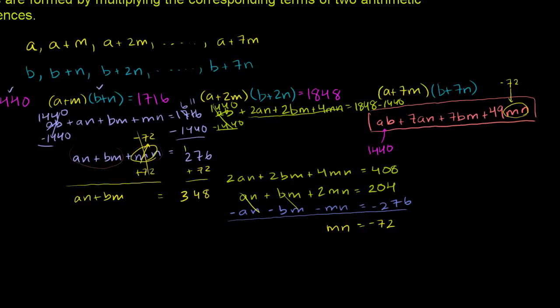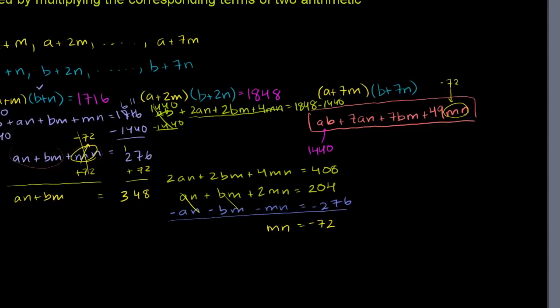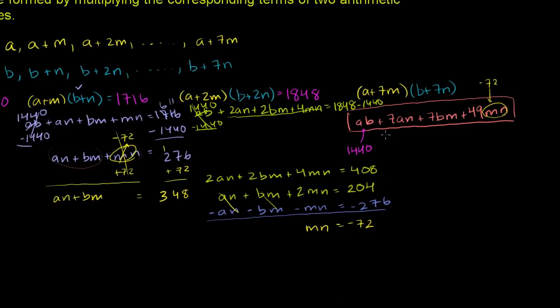So the 8th term in our sequence, which we figured out was this business over here, is equal to AB, which is the same thing as 1440, plus this thing over here, which is just the same thing as 7 times an plus bm. Now we know that an plus bm is 348. So it's 7 times 348.